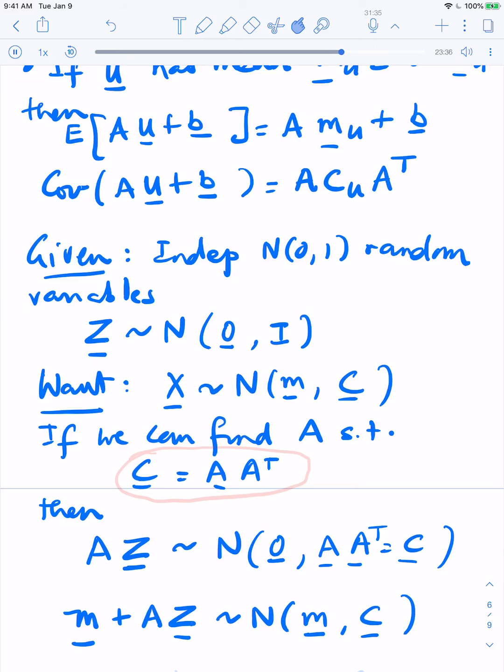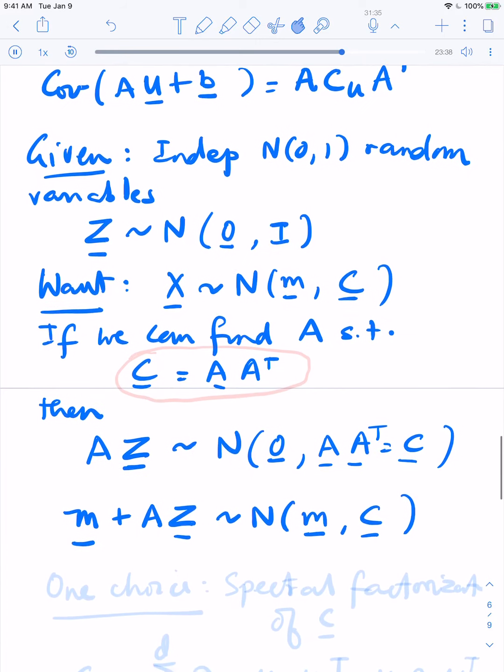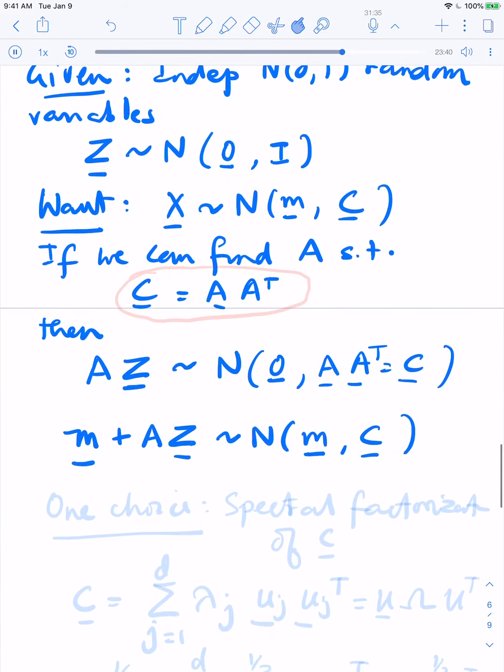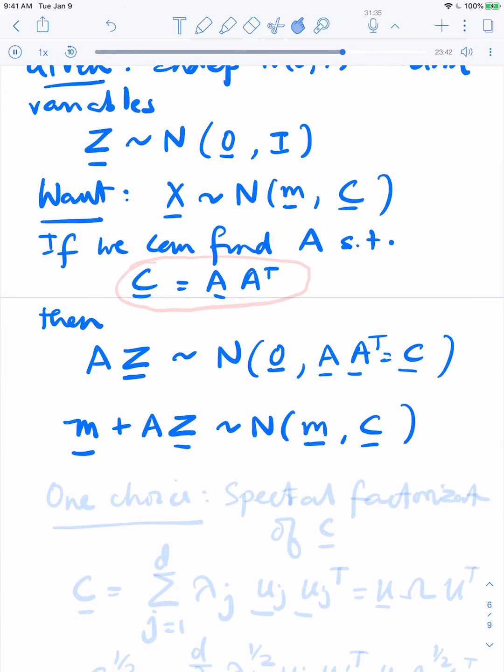Basically, we somehow factor the covariance matrix like so. Basically, I have this C equals A A transpose type factorization. And once you have that, you can basically just use these IID Gaussian random variables that the software is spitting out for you and create the desired distribution from it.